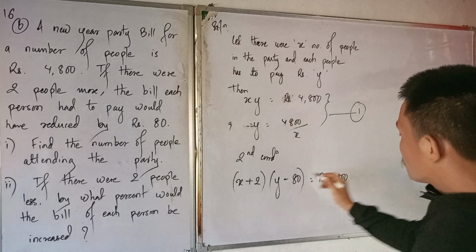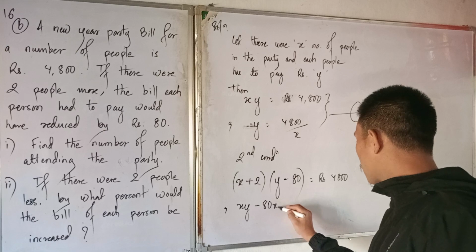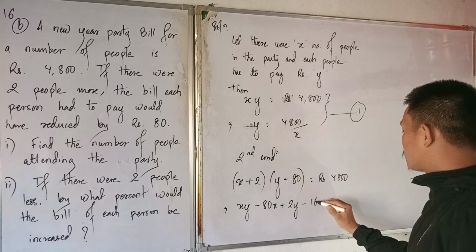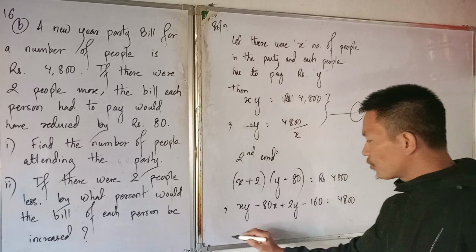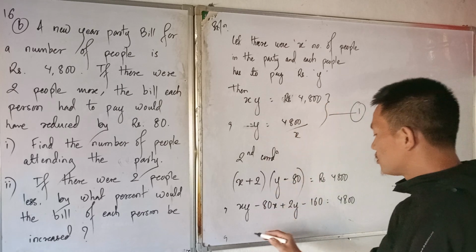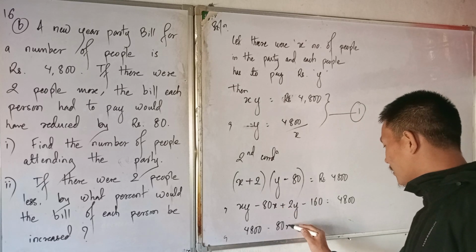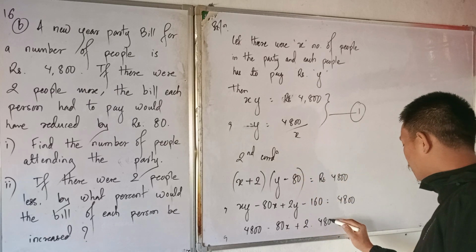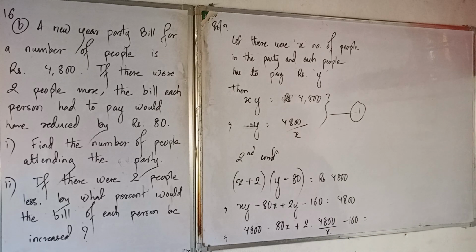Now simplify this: xy minus 80x plus 2y minus 160 equals rupees 4,800. Now you can replace the value of xy by 4,800. So 4,800 minus 80x plus, now replace the value of y, 4,800 divided by x, minus 160 equals 4,800.